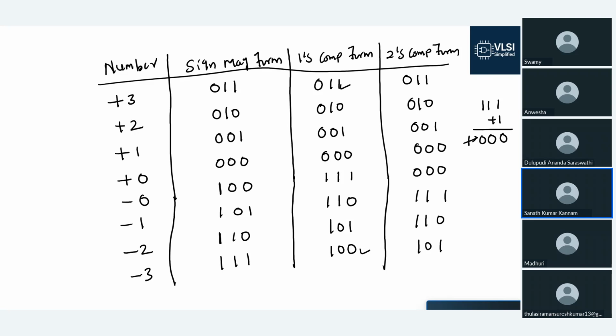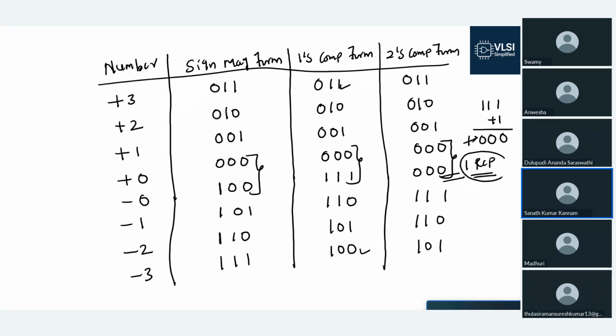Okay, so from this, can you identify anything? From the start, I am telling you, for 0 there are 2 representations in sign magnitude form and 1's complement form. For 2's complement form, you have only 1 representation for plus 0 and minus 0.